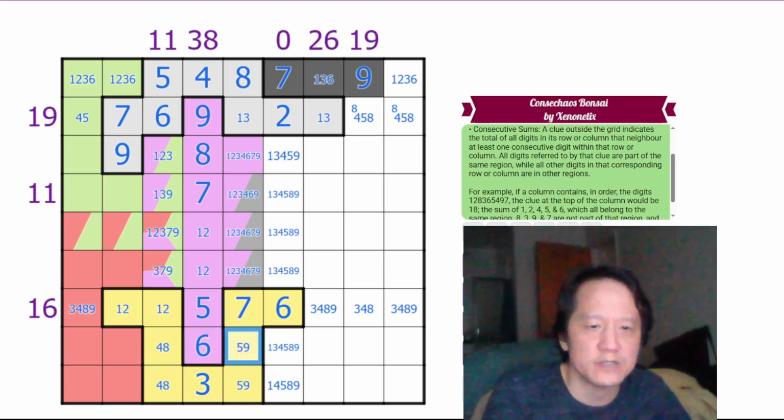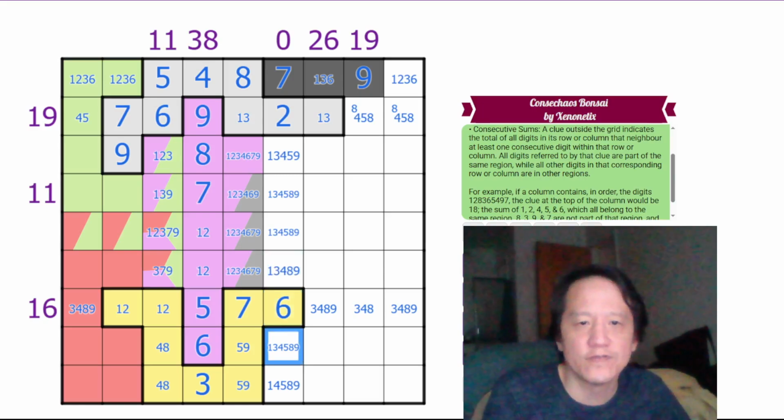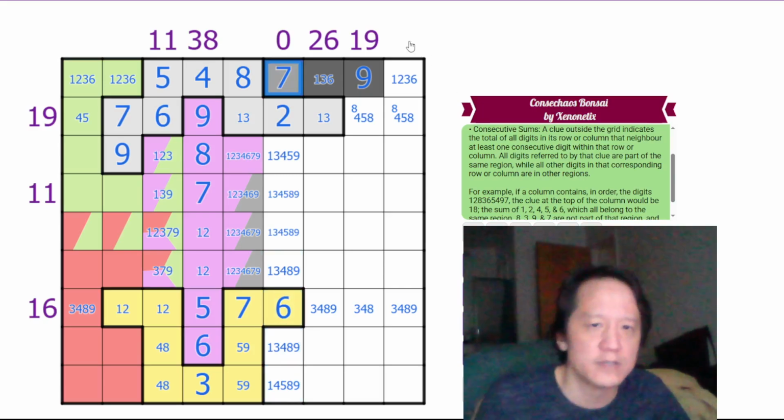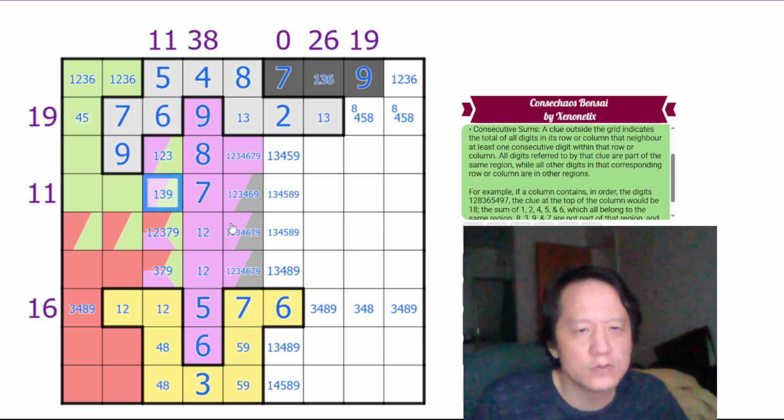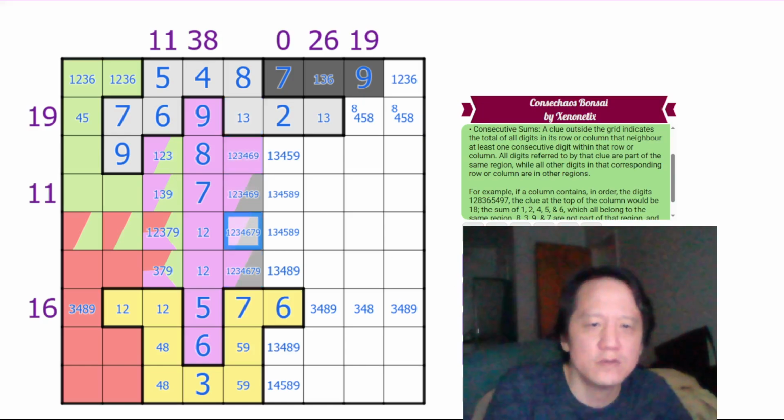This could be consecutive. There's no restriction there. This 6 cannot be with a 5, because then those would be consecutive, and this sum would be greater than 0. Okay. 2, 3. None of these can be 7.